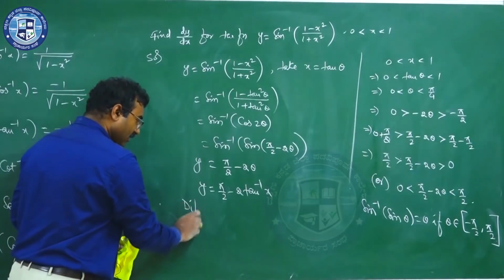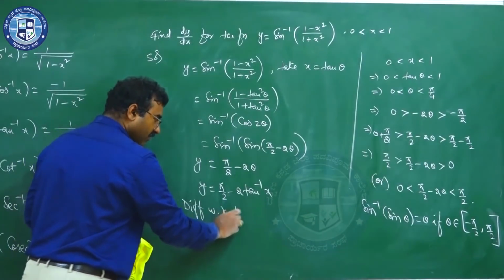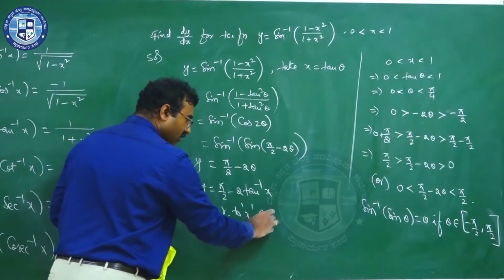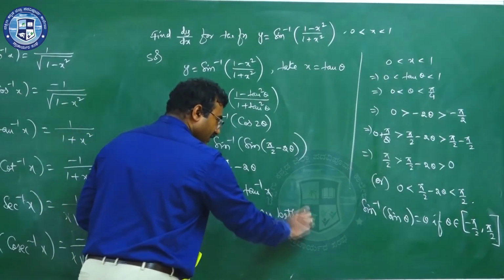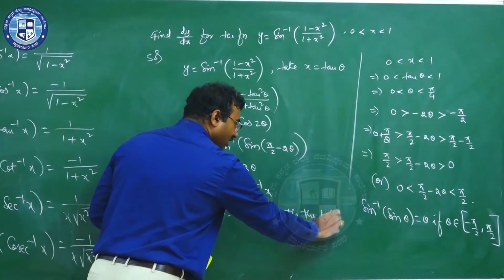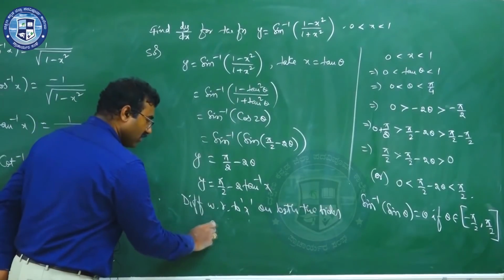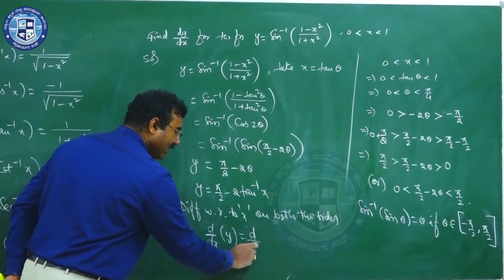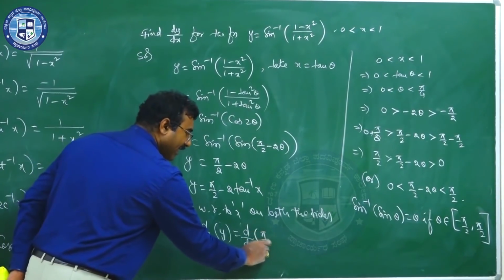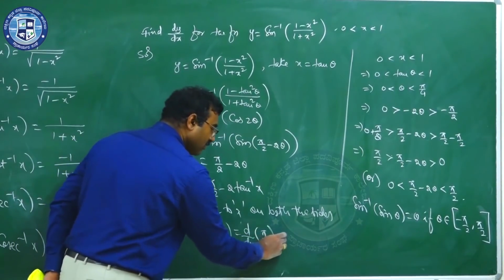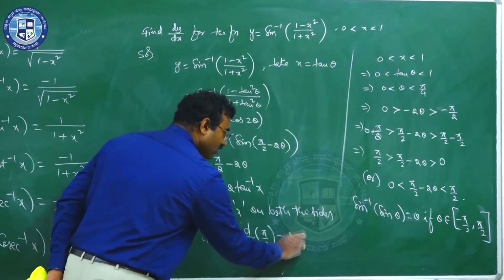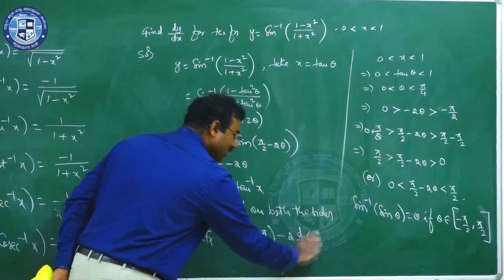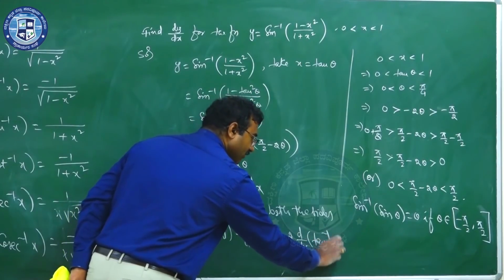So, differentiate with respect to x on both the sides. d by dx of y is equal to d by dx of pi by 2 minus 2, which is a constant, times d by dx of tan inverse x.